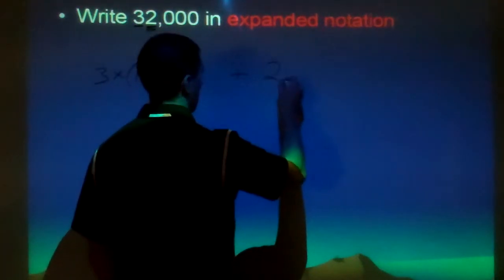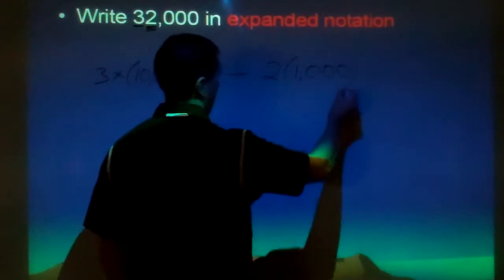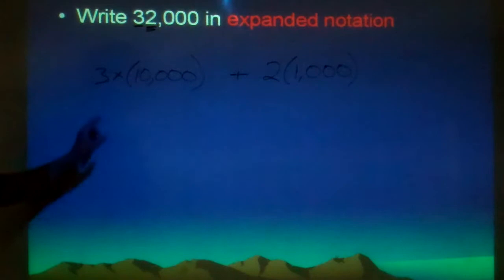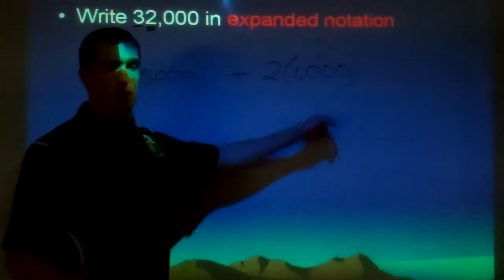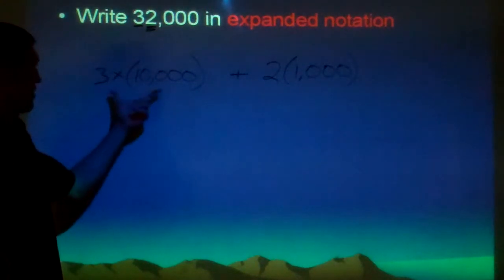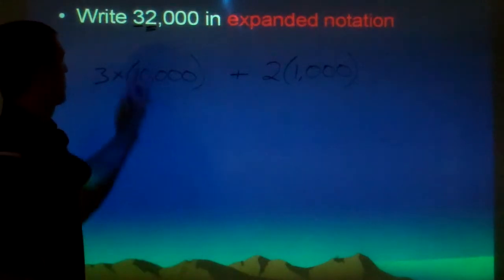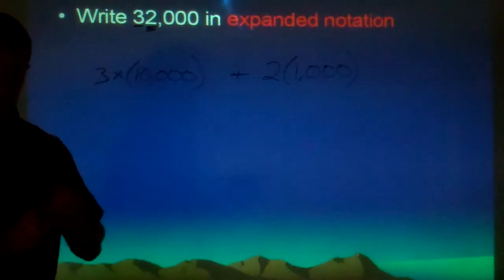So 2 times 1,000. This would be expanded notation. It shows us that the 3 is in the 10,000 spot and 2 is in the 1,000 spot. And if we actually went through and multiplied these and then added, we would get 32,000. So that is what expanded notation is talking about.